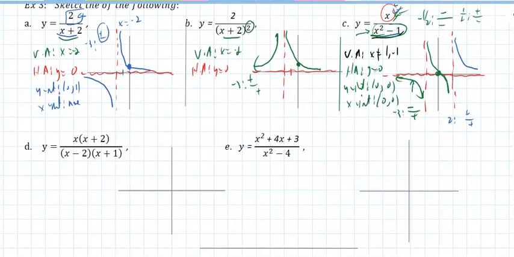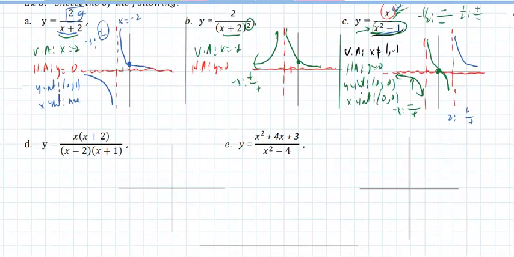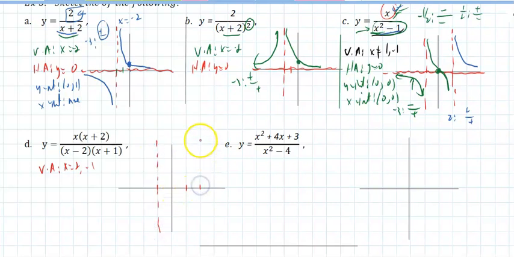Now, here I have vertical asymptotes x equal 2 and negative 1. So if I run this, negative 1 I can't have, and 2 I can cross.